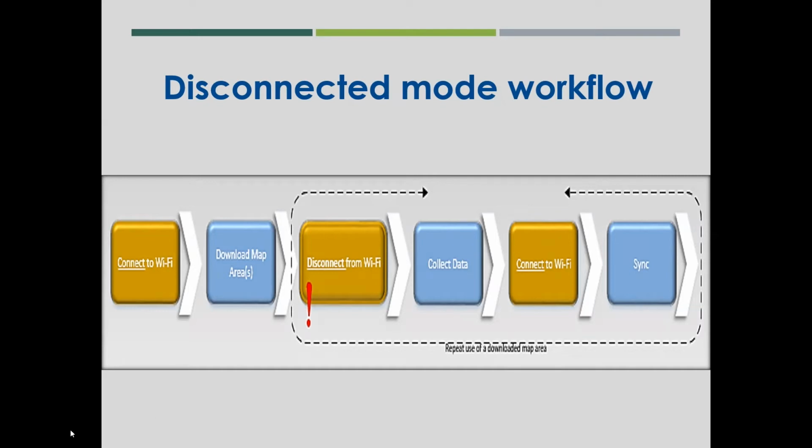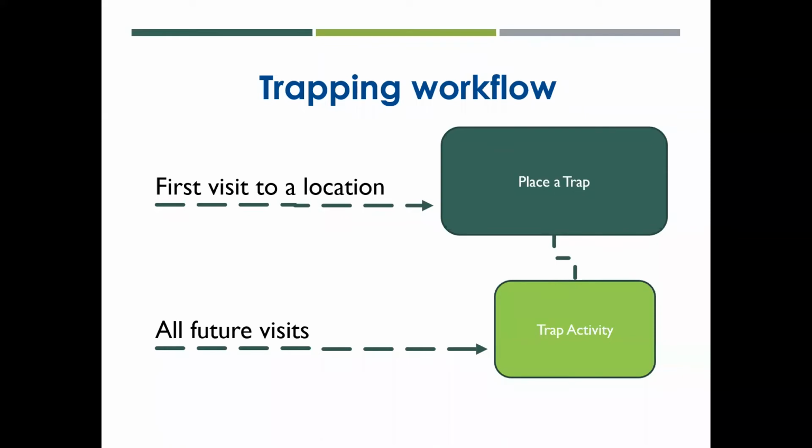It's a great one to have when you're out in the field, and quite handy that the application is built to do that. Trapping workflow. We talk about this every year, and it's probably pretty routine to you all, and your survey protocol takes you through this, but the app is built to record things this way. A first location to a visit records that location, and that is typically referred to as placing the trap.